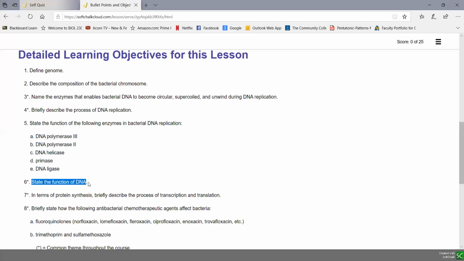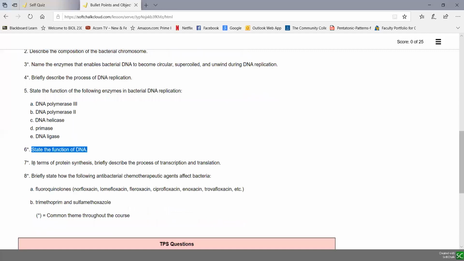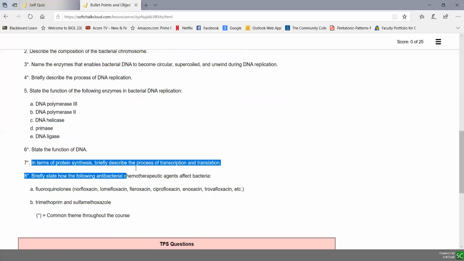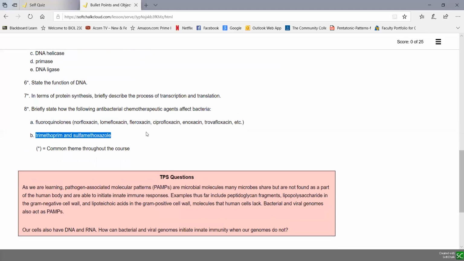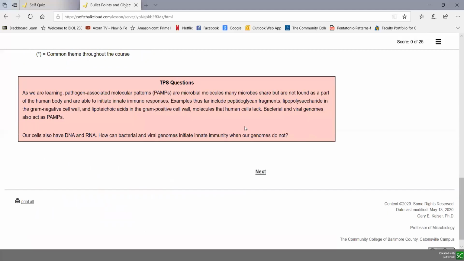In terms of protein synthesis, briefly describe the process of transcription and of translation. Briefly state how the following antibacterial chemotherapeutic agents affect bacteria: the fluoroquinolones and trimethoprim-sulfamethoxazole. So those are our bullet points and our detailed learning objectives you need to know for the exam.